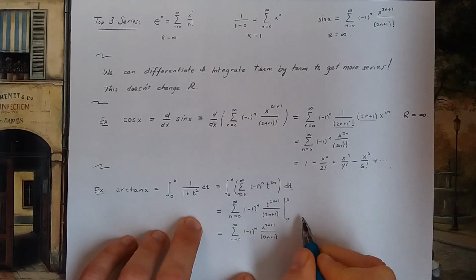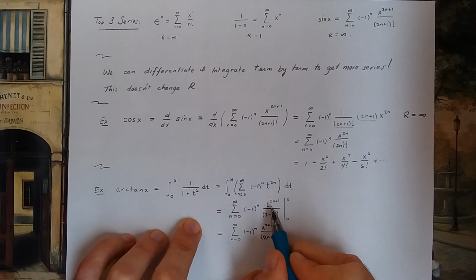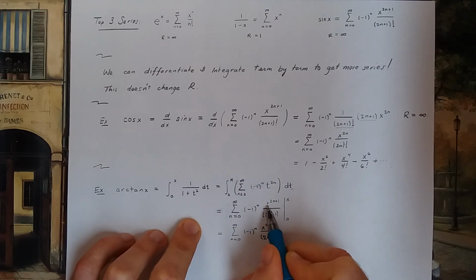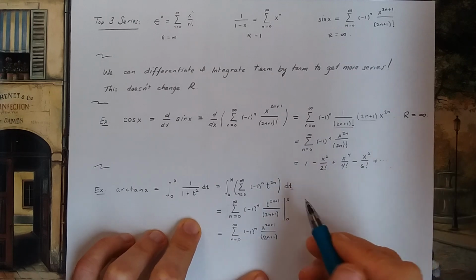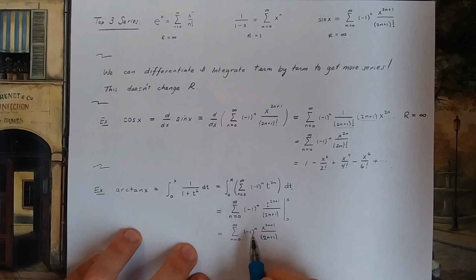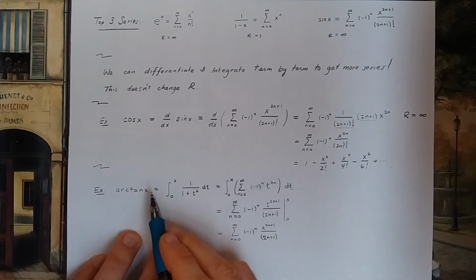Then I subtract, and I plug in 0 for t. But if you notice, plugging in 0 for t just gives me 0. I have 0 times everything. So there, I'm done. This is the series centered at 0 for arctangent.